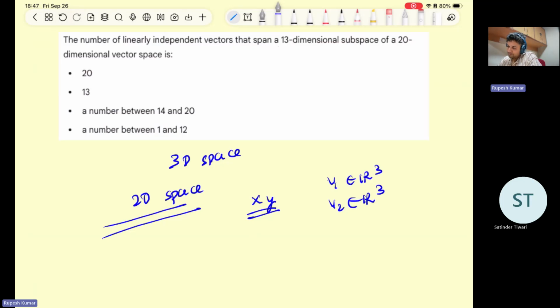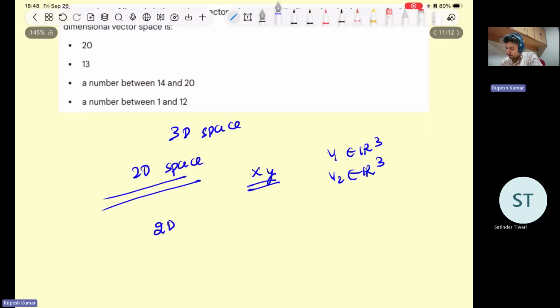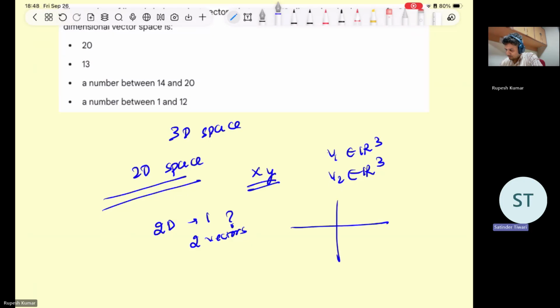Right. And similarly for 13-dimensional space, how many do you need? To get 13, we need 12 independent, I think. Why? Let's say if you want to span 2D space, do you need a line or two vectors? For two dimensions, we need two vectors, because it won't work if you only choose one vector, right?